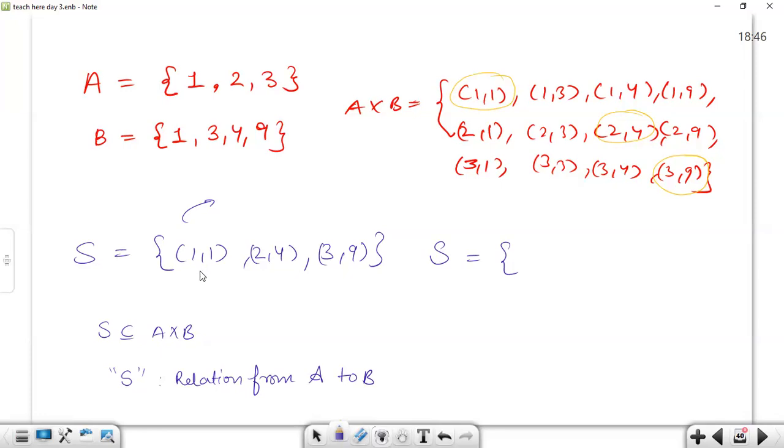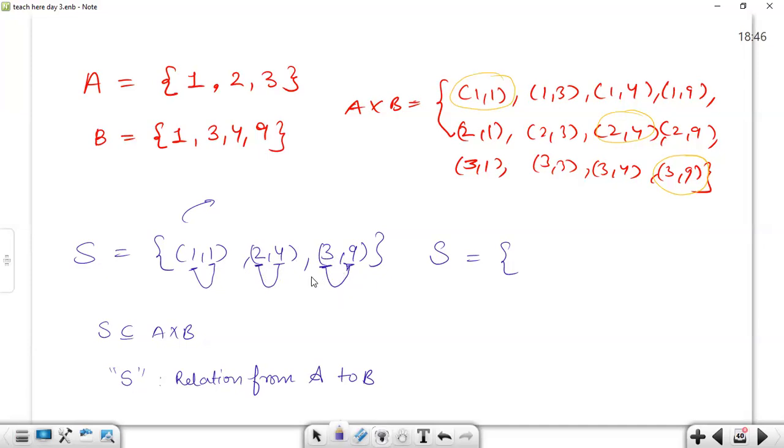When I'm asking about the pattern, how is this element related to this? How is this element related to this? How is this related to this? Is there a common pattern? 2 and 4 are multiples, and 3 and 9 are also multiples. 2 is getting multiplied 2 times to get 4, 3 is getting multiplied 3 times to get 9.